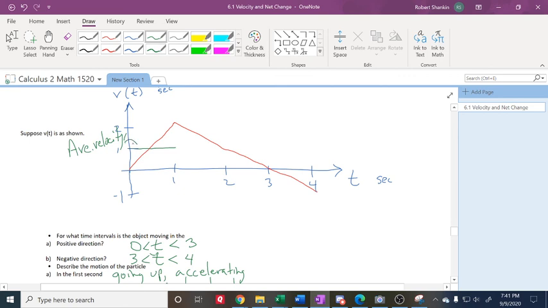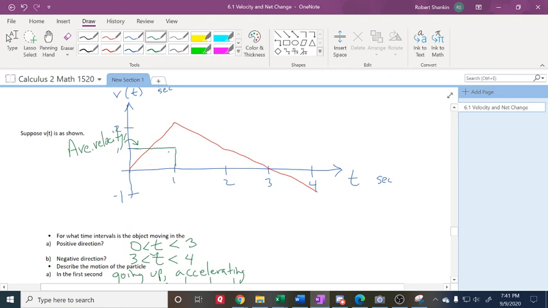So I'm averaging 1, let's say meter per second. We didn't have units in here. If I'm averaging 1 meter per second for 1 second, then I must be going 1 meter. I find the area underneath this curve.